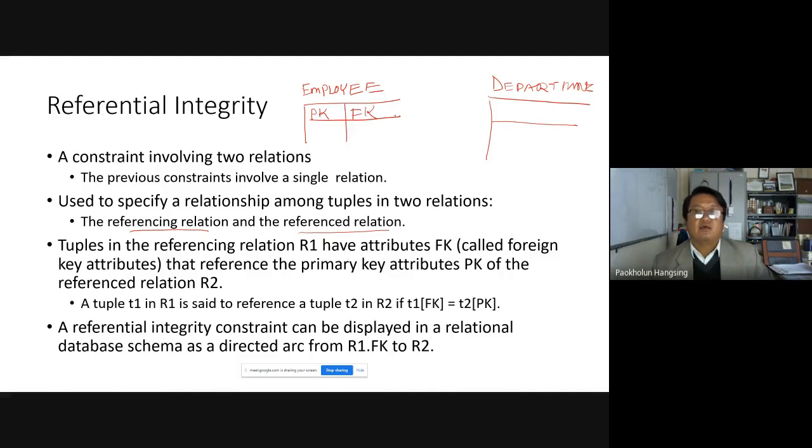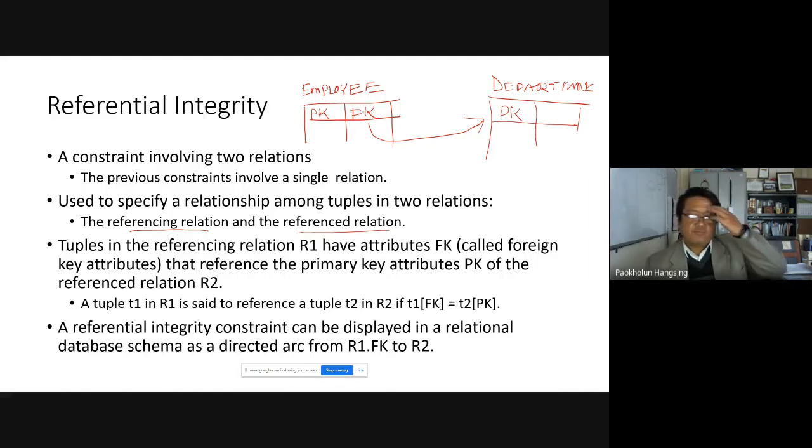This foreign key is the primary key of the relation to which it refers. It is kept as one attribute of this particular relation because it's referring to that. So this primary key becomes a foreign key in the referencing relation.